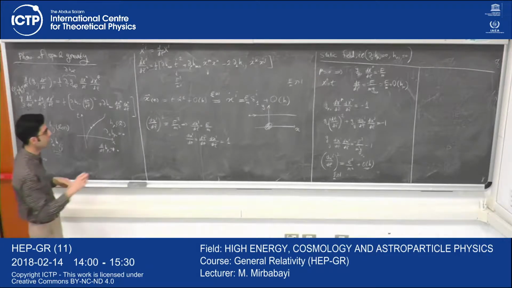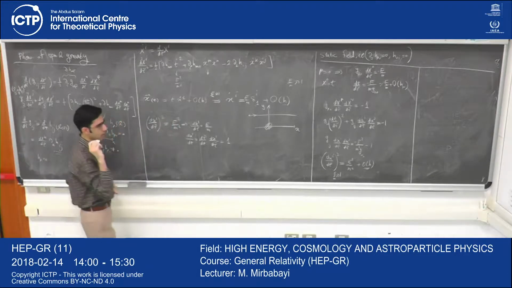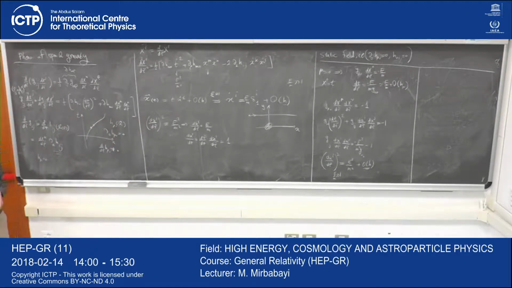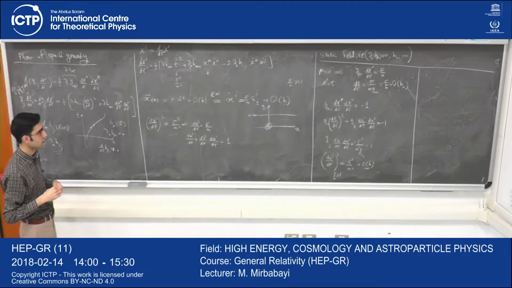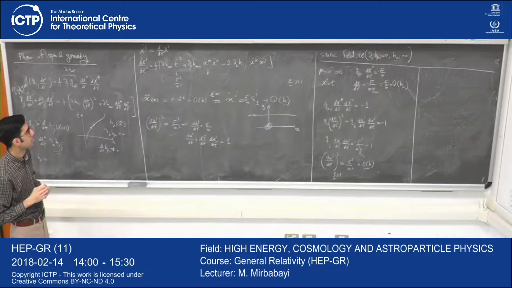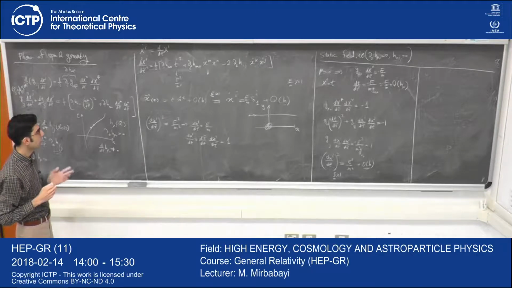Of course, there can be a constant. This is assuming that it goes through x equal to 0 at t equal to 0. Okay, so we can determine the particle trajectory in this theory.